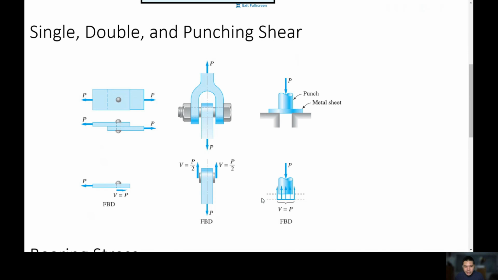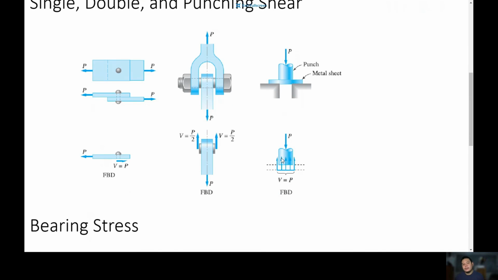Instead of an applied force, it tends to be a uniformly distributed force all throughout the area of the punch. So V again is equal to P over the area, to resist that punching shear.